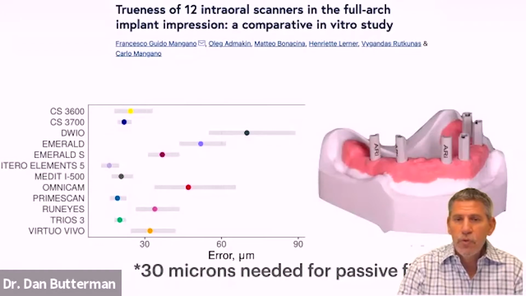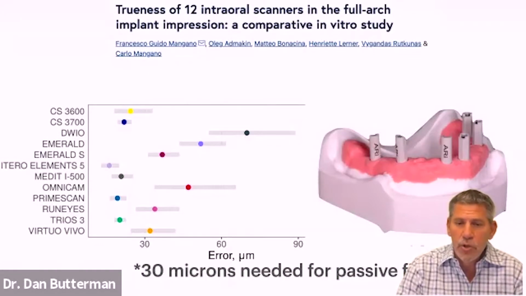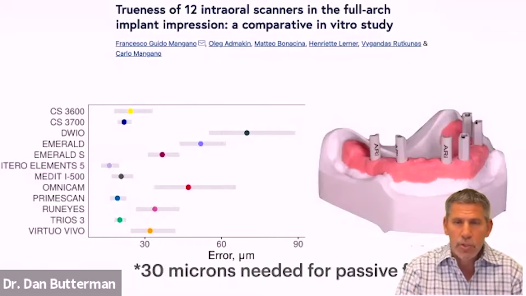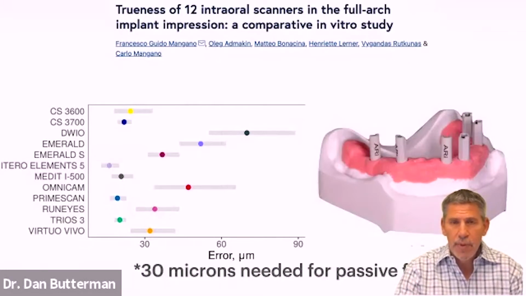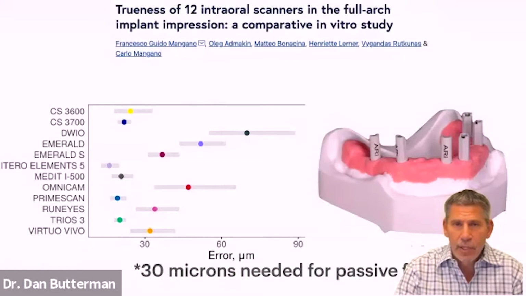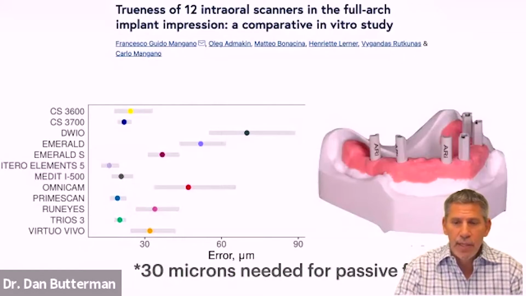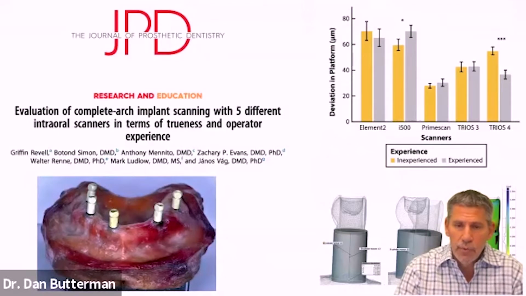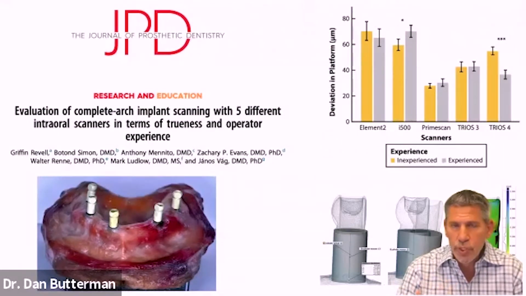So there are some really great studies that are just going on right now. And one of them, really, they've found that if your level of accuracy is 30 microns or better, meaning that your error that you build into your models is less than 30 microns, well, then you're going to have a very accurate passive full arch fit. And there have been multiple studies and some really great ones where they were done on human maxillas to just really get an idea that these are not plastic models.